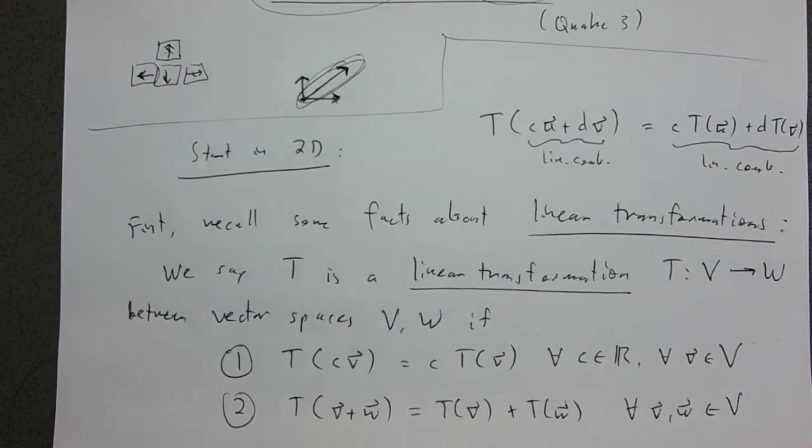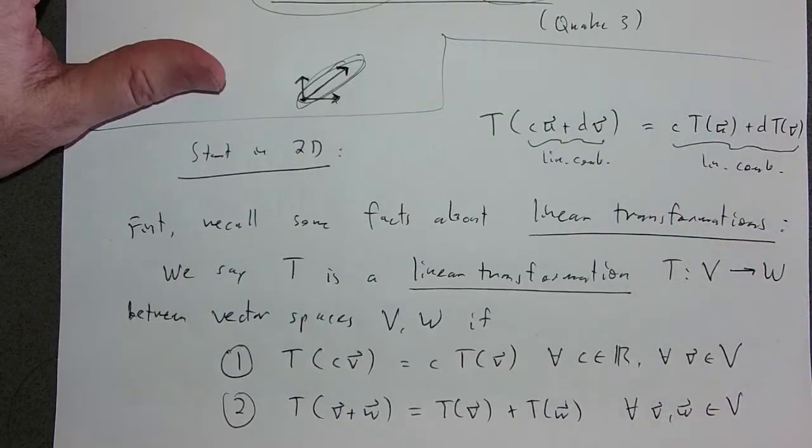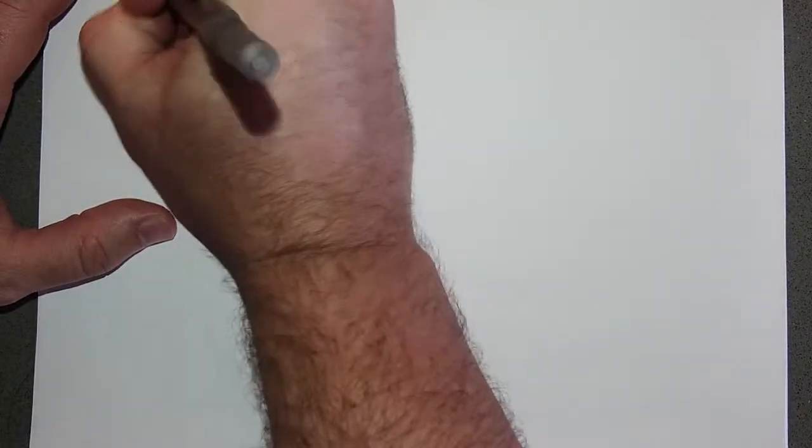Okay, now you might recall from Math 240 that there's a variety of properties that a linear transformation can have. There's a lot of examples of linear transformations. You might notice that most of the examples that you dealt with in linear algebra were, in fact, given by matrices. So here's an example.